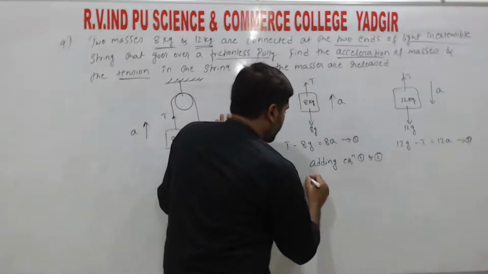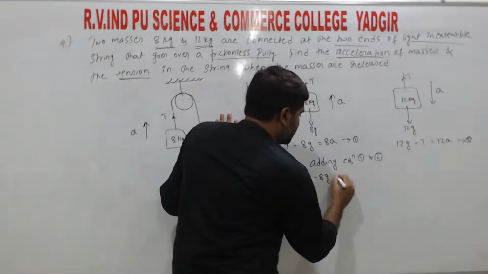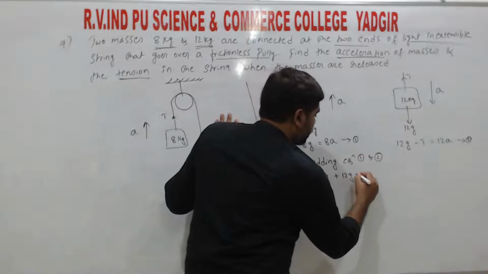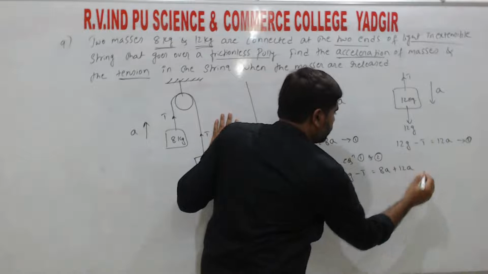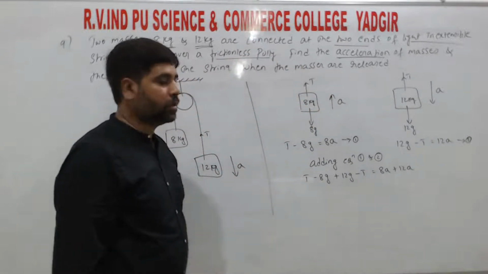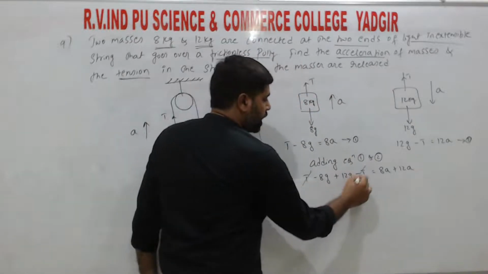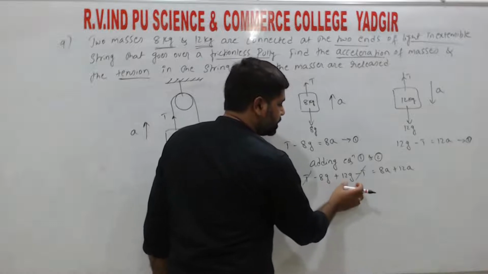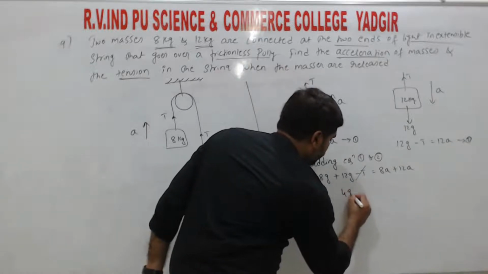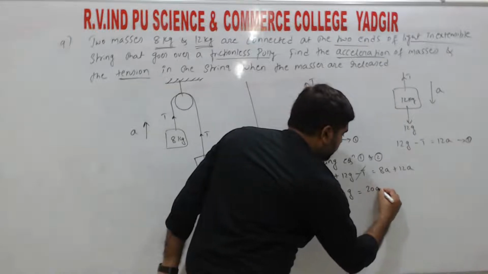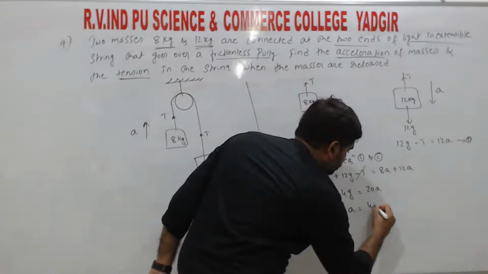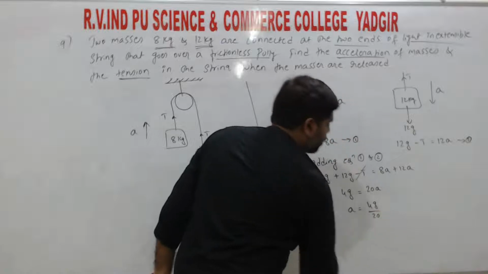So if we add these two equations, T minus 8g plus 12g minus T is equal to 8a plus 12a, right? So plus T minus T get cancelled, minus 8g plus 12g, we get 4g, that is equal to 8 plus 12, 20a, right? So a is equal to 4g by 20.